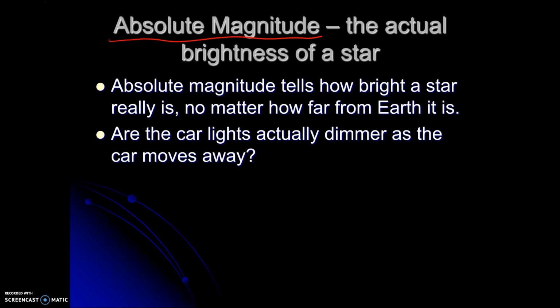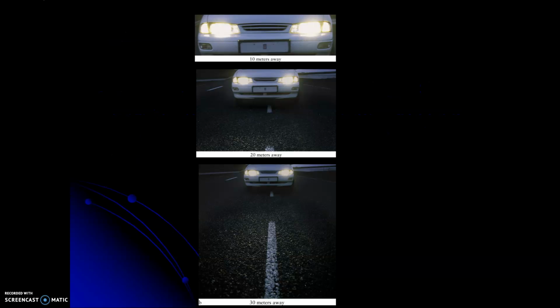So are the car lights actually dimming as the car moves away? No, right? It might look a lot brighter here, but its absolute magnitude is going to stay the same through all of these three pictures. It just looks dimmer to our eye, which is the apparent magnitude.